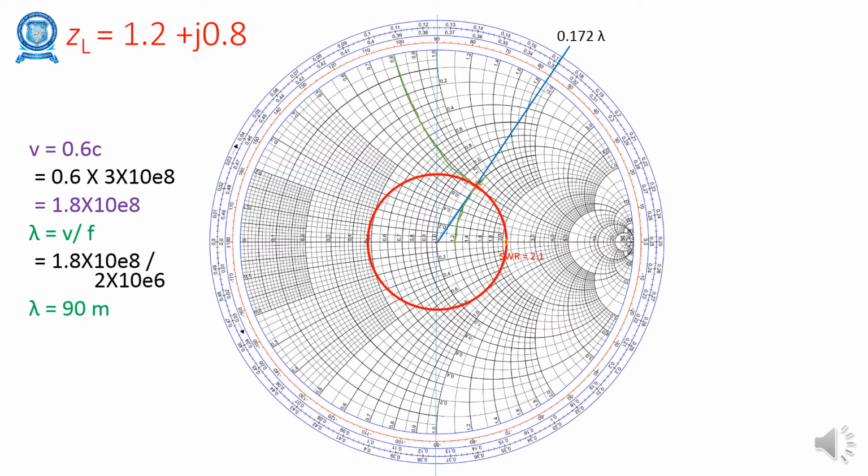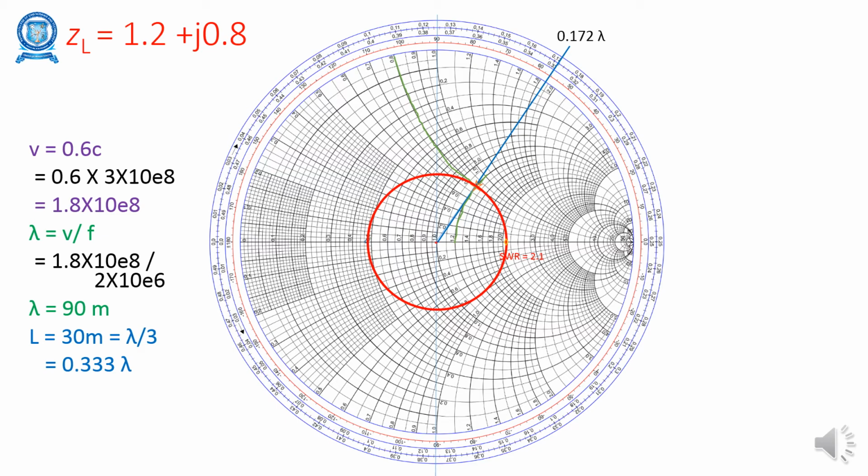Using this 90 meter, the length is 30 meter. Substituting the lambda value, 30 out of 90 is equal to lambda by 3, so the length is 0.333 lambda.